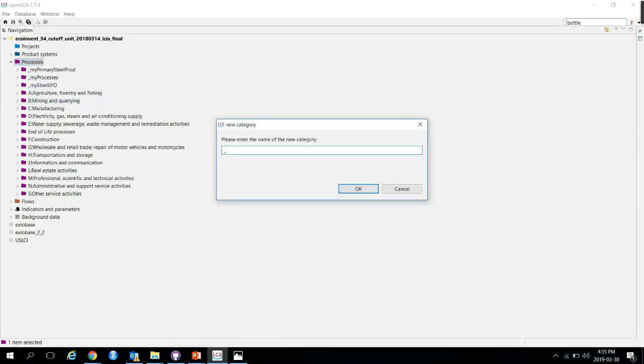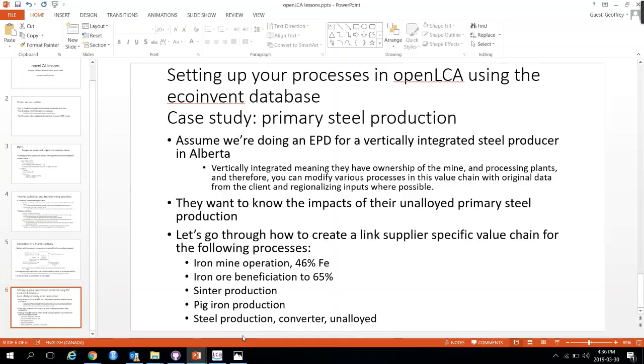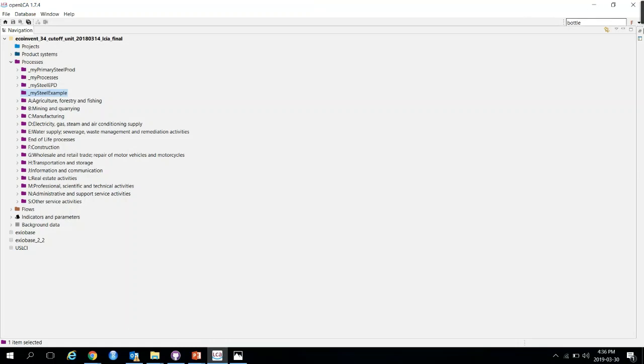I'm going to just call it my steel example. Okay. There we go. So let's look at what this first process of interest is. I'm going to copy it, which makes it easier to search for it, and I'm going to search for it under processes.